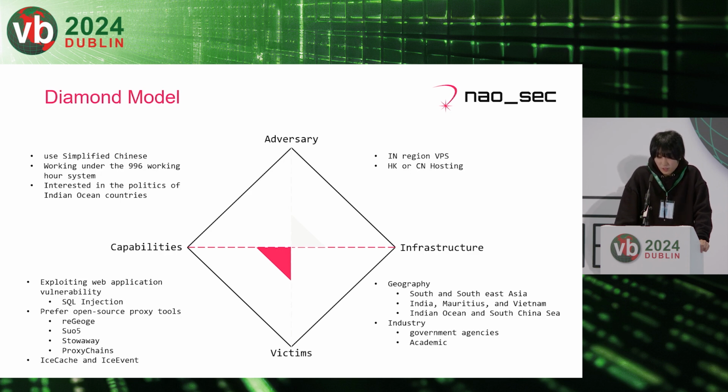They prefer open source software developed in Chinese-speaking regions and use their original malware IceCache and IceEvent. In attacks on the Indian government, they use VPS located in the Indian region. Additionally, the government and the education sector in Mauritius and Vietnam were also targeted.